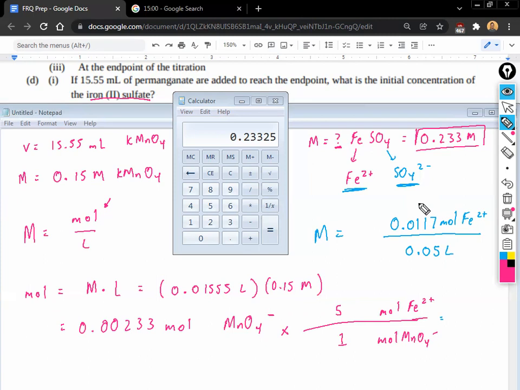Okay. I do want to mention to you guys as we move on to second semester that this solution stuff is going to be very important. Don't quote me on the number, but like 60-70% of the AP test is based on the stuff we're going to cover second semester. So equilibrium and acid-base equilibrium.